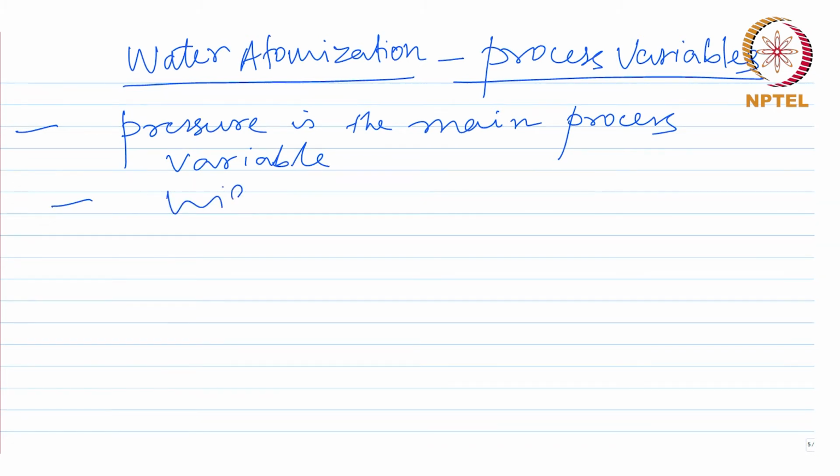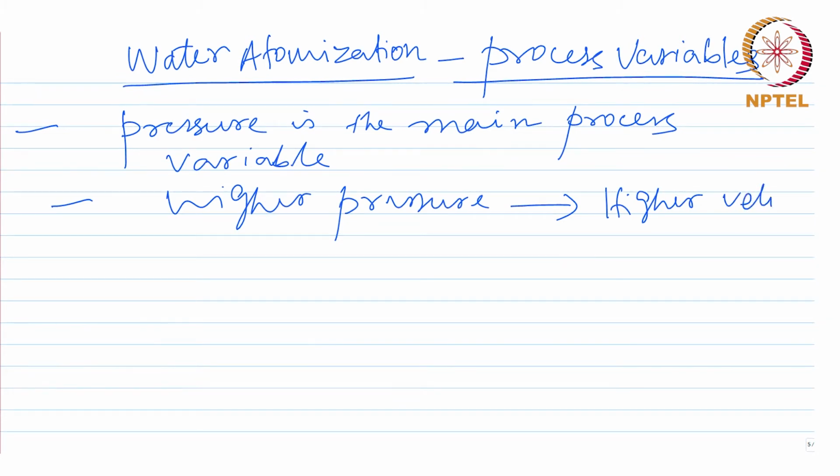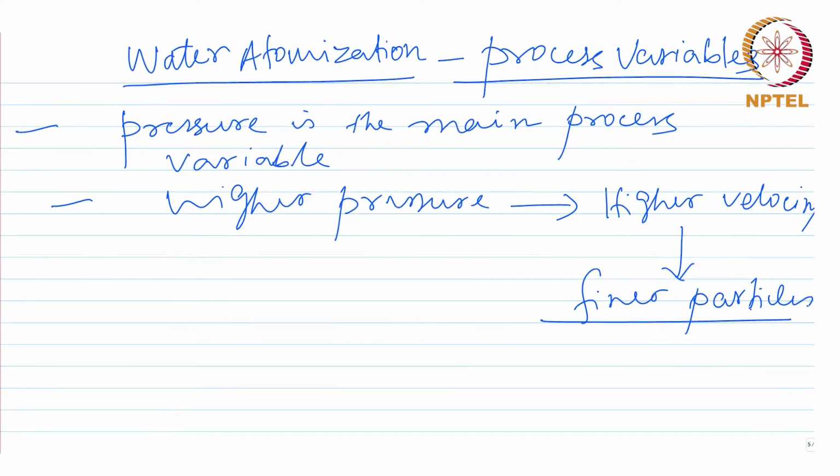Because the higher the pressure, the higher will be the velocity, and the higher the velocity, the finer will be the particles. So, if you want to control the particle size, you need to mainly control the water pressure which is used in this water atomization process. So, that water jet pressure has to be controlled in order to control the particle size.